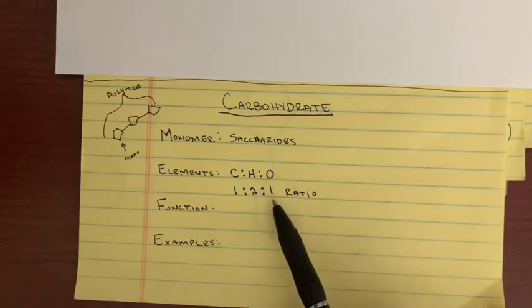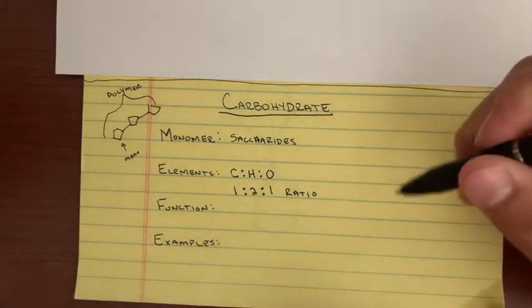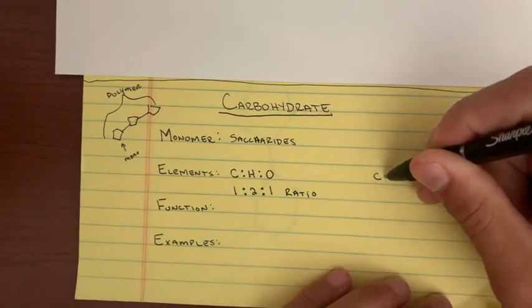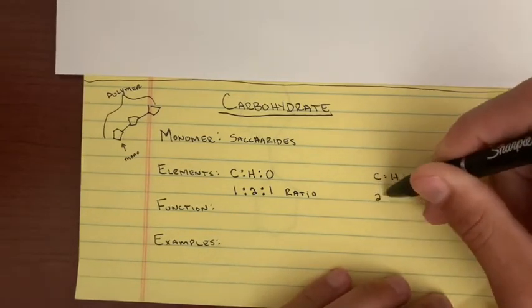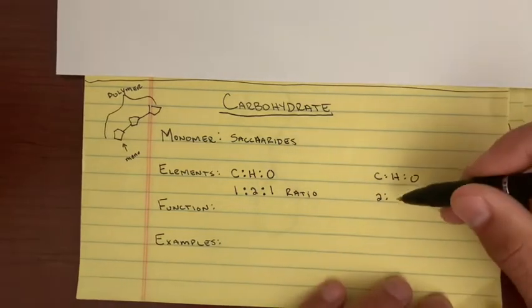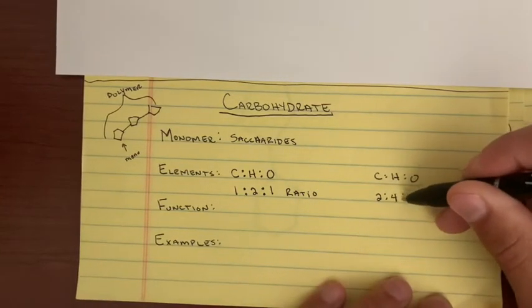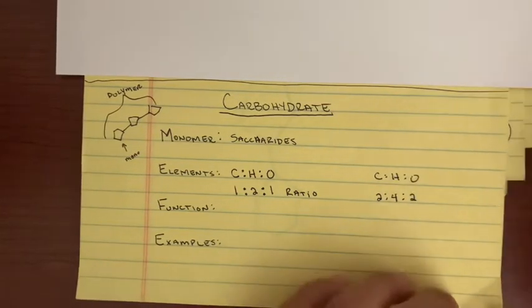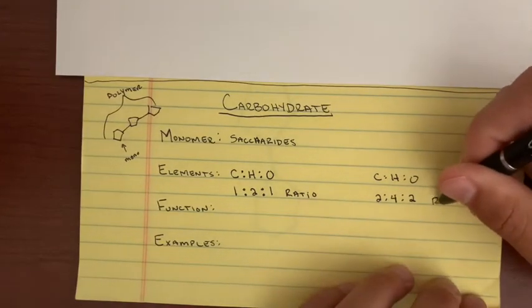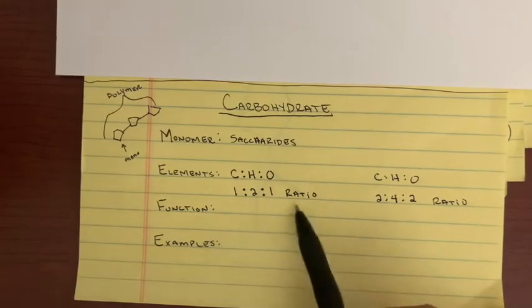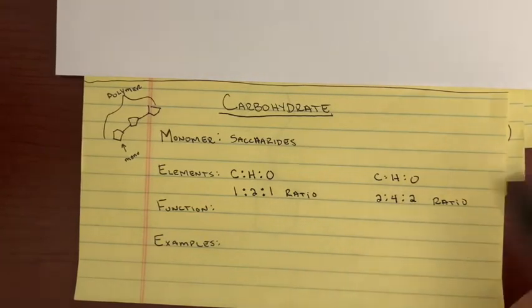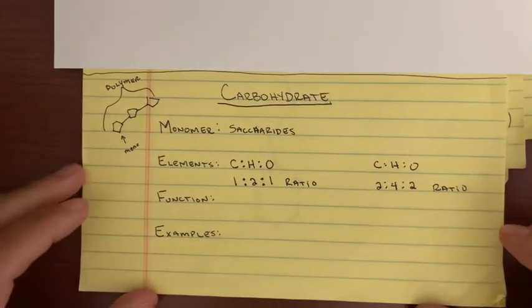So let's just say there were 2 carbon, then that means there would have to be 4 hydrogen, and then there would have to be 2 oxygen, okay? So as long as you're keeping that same ratio, it would form a carbohydrate, okay?